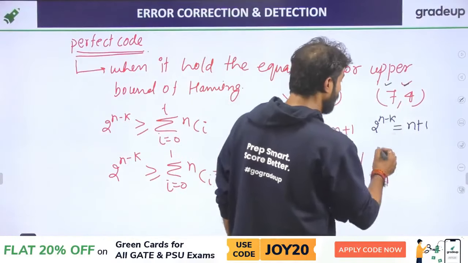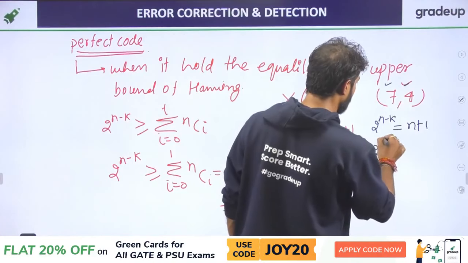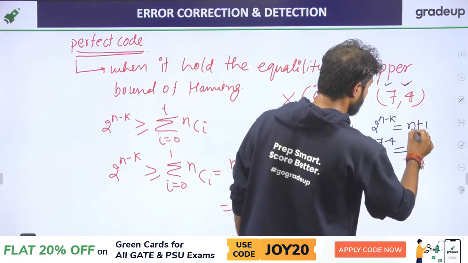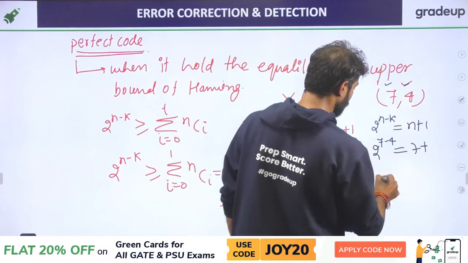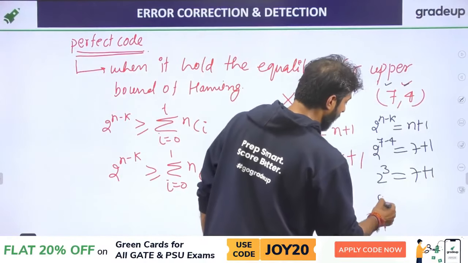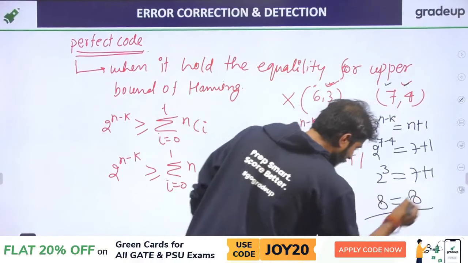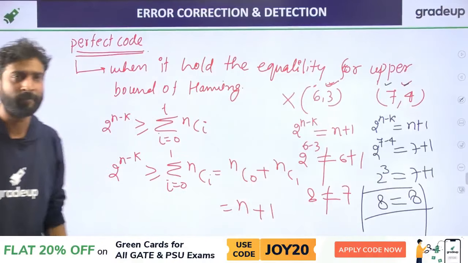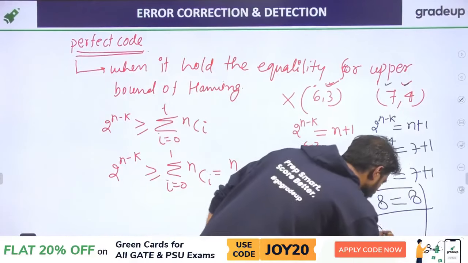If I put n equal to 7, it will be 2 raised to power 7 minus 4, which should equal 7 plus 1. So 2 cubed is 8, and 7 plus 1 is 8. It is equal, and since it is equal, it is a perfect code.